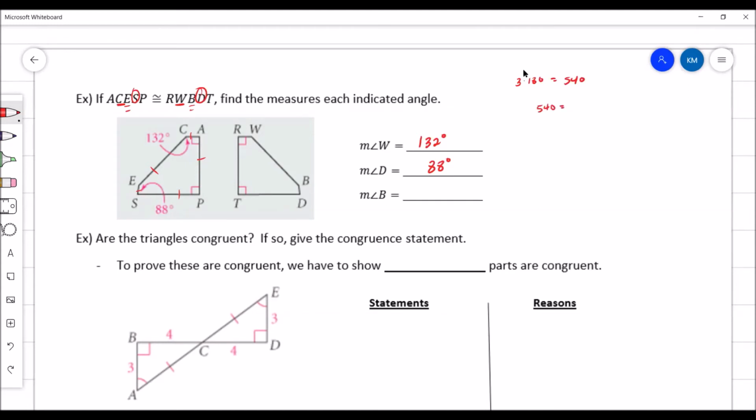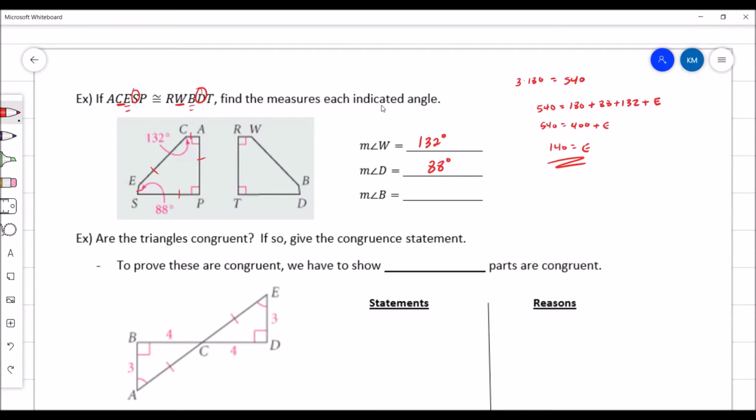So the angles that we have, 90 plus 90, I'll just say 180, plus 88 plus 132, and I'll just call this angle E. Okay, so as we add all those things together, 180 plus 88 plus 132 gives us 400. And so we have 540 equals 400 plus E, subtract 400, and we find that E has to be 140 degrees.